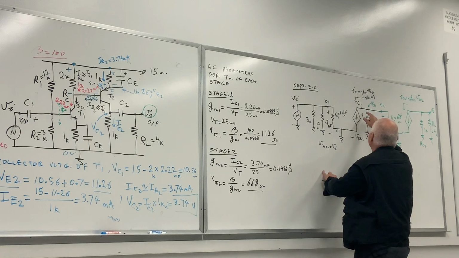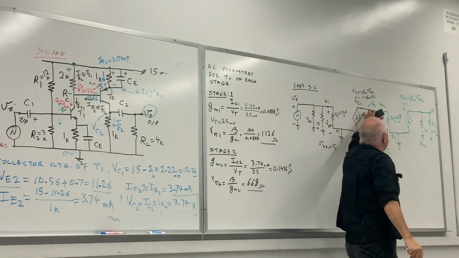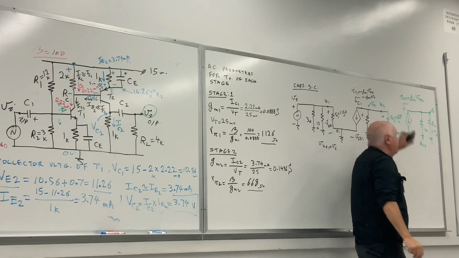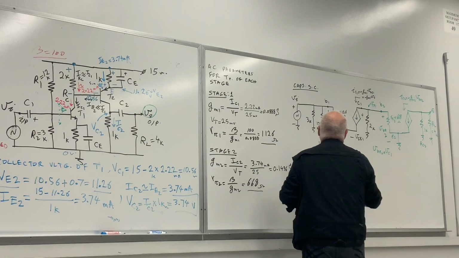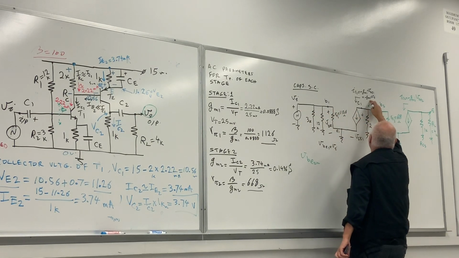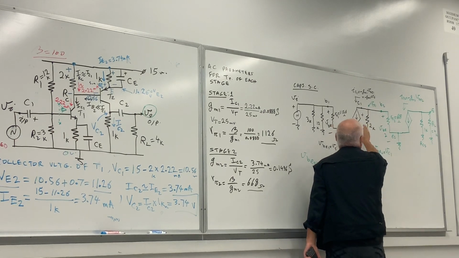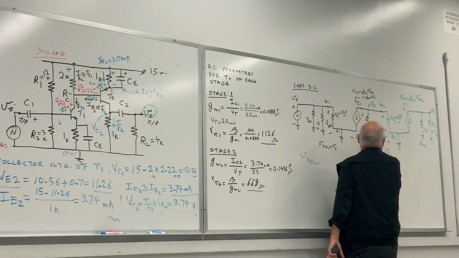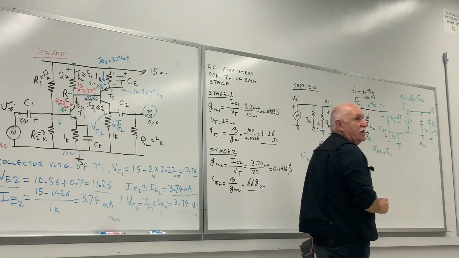What is the voltage in here? Because voltage in here is the VBE of 2, right? So VBE of 2, you can say, is equal to, this is VI, minus gm1 times VI, gm of that multiplied by VI, times the parallel combination of this one, which is RC1, and that r_pi. Do you see that? RC1 and r_pi.